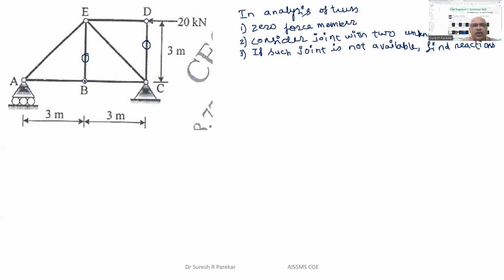Now if we go to joint D, we have only one unknown. So I will consider joint D. At joint D, we have member ED, so I will write FDE because we are considering joint D. We have this force as 20 kilonewton, and then this vertical member force is 0.